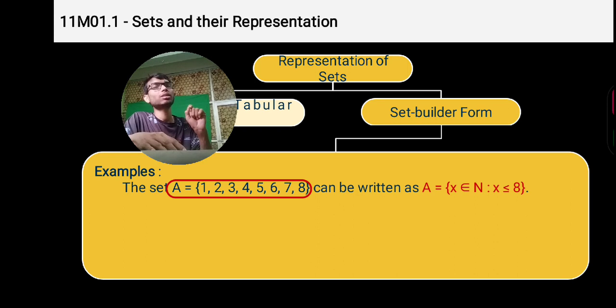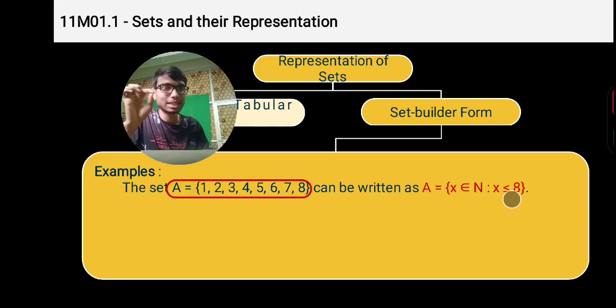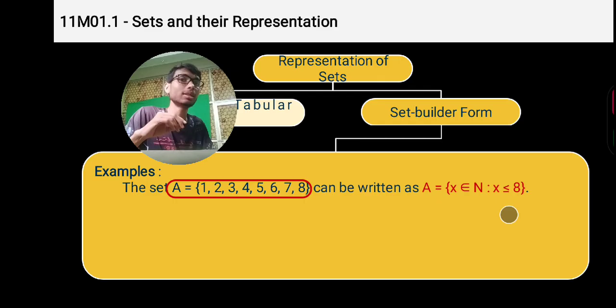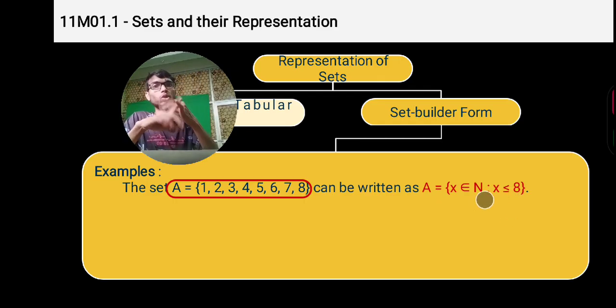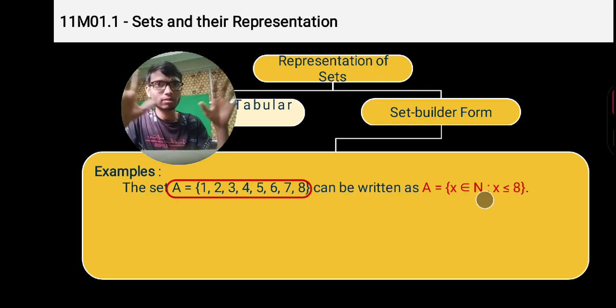We will start natural numbers from 1, 2, 3. But remember here, till 8. It is less than or equal to 8. The natural number should be less than or equal to 8. So 1, 2, 3, 4, 5, 6, 7, 8, all these are in the set. All these are elements of the set.